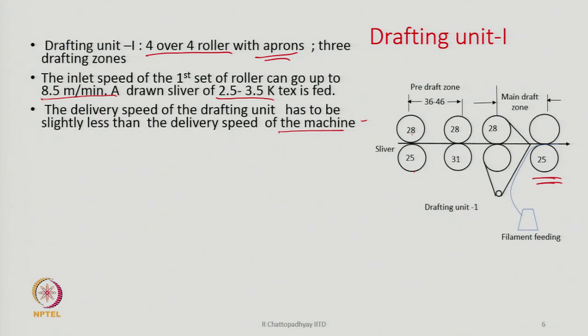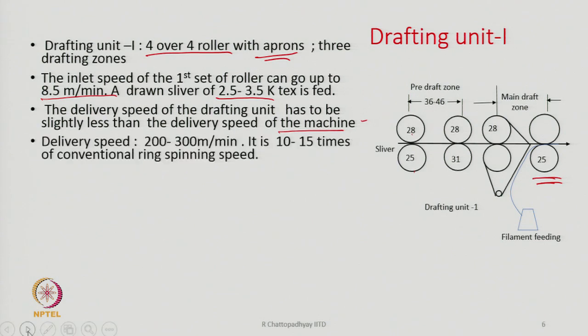If we fix the delivery rate at 150 or 180 meters per minute, the front rollers run very fast. Actually it can go up to 200 to 300 meters per minute. That is the claim by the machine manufacturers, but commercially people generally keep 180, 200, 220, 250 typically. So, depending upon the kind of count we want to spin, the type of sliver and fibers we are processing, the right speed can be chosen.